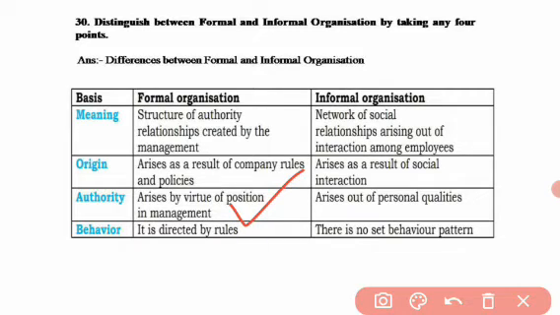Informal organization arises out of personal qualities. And formal organization is directed by rules, whereas in informal organization there is no set behavior pattern. So these are the 4 differences between formal and informal organization.